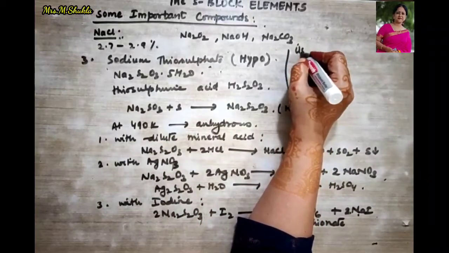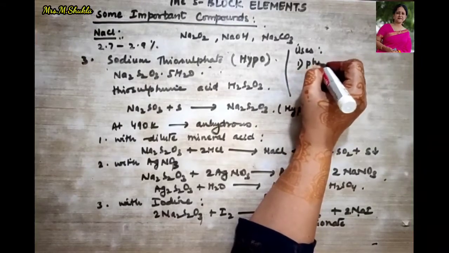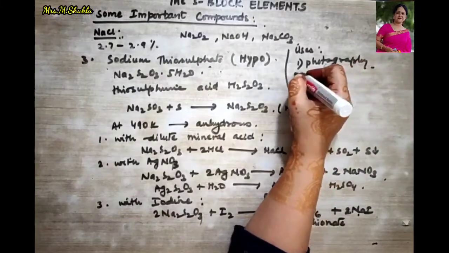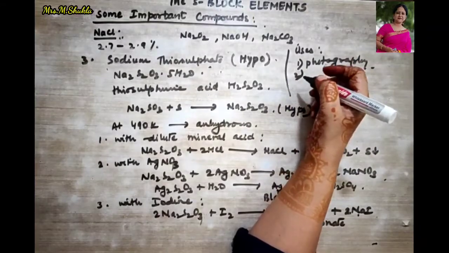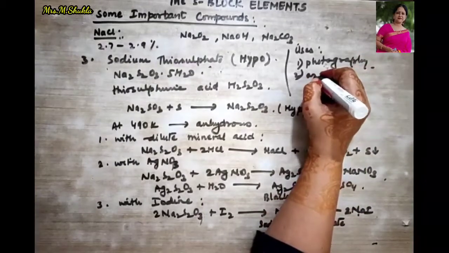Then what are the uses of this? Let's understand the uses over here. The hypo is used in photography, okay? Then it is used as an anti-chlor in the textile industry.